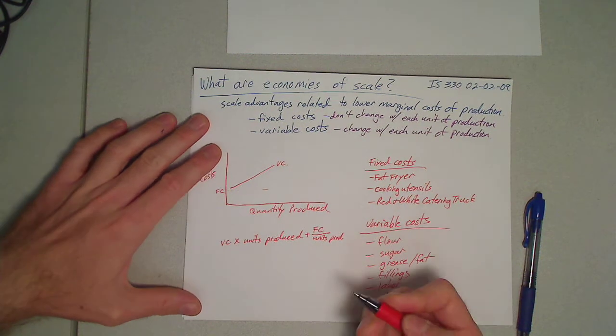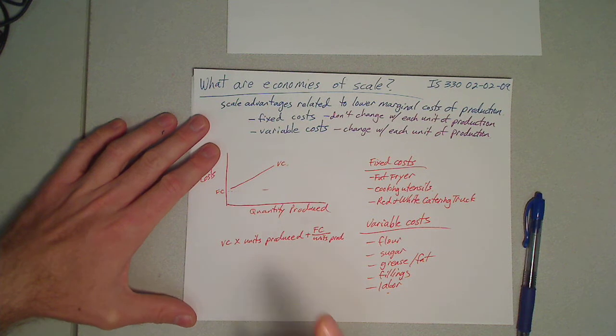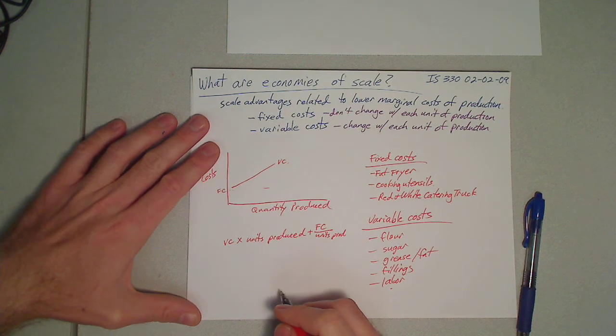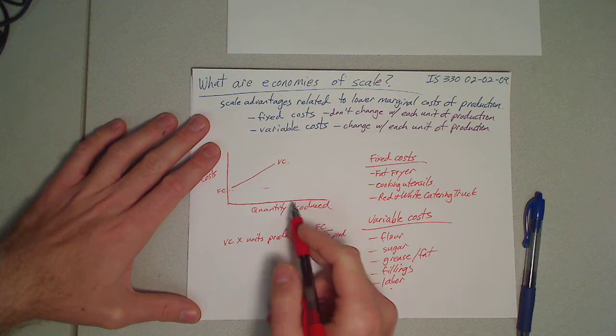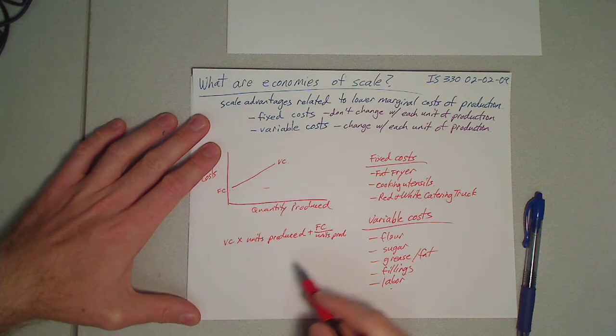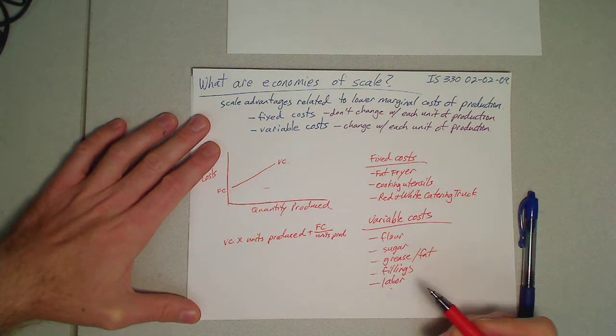cost, right? In general terms, what this means is if I only sell one malasada, then the profit on that one malasada has to cover the entire fixed costs of my infrastructure.